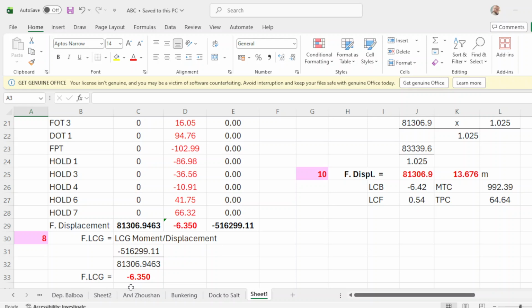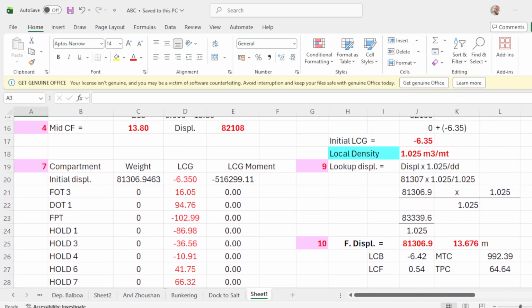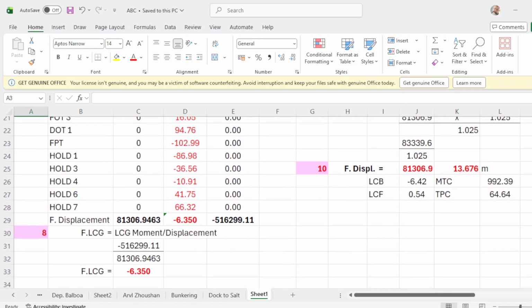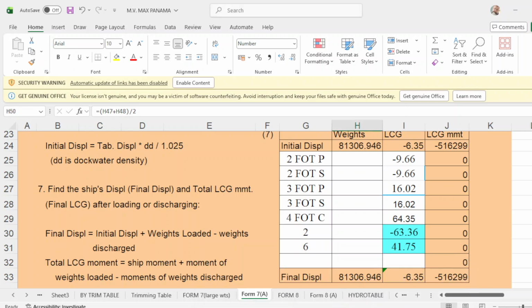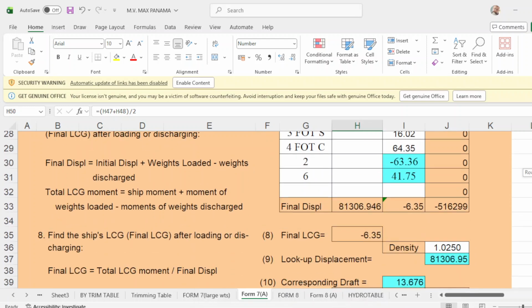Then the final LCG will be negative 6.35, which is the same as your initial LCG because it's an even keel. That will be number 7.